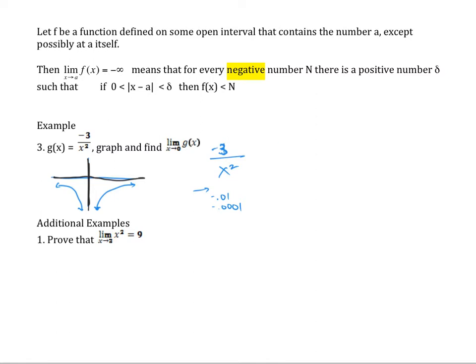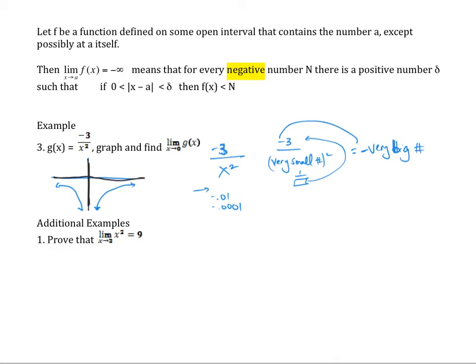So this will be negative 3 over a very small number. And if I'm even squaring that really small number, that's going to be like 1 over something huge. Well, this flips up, it multiplies out, so this equals a very big, and since it's negative, very big negative number.